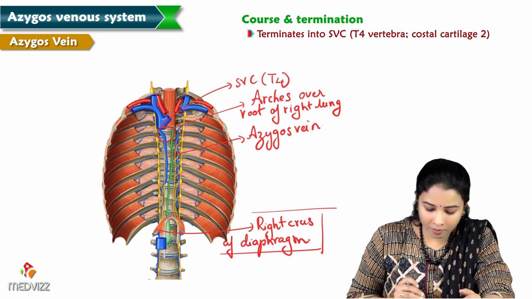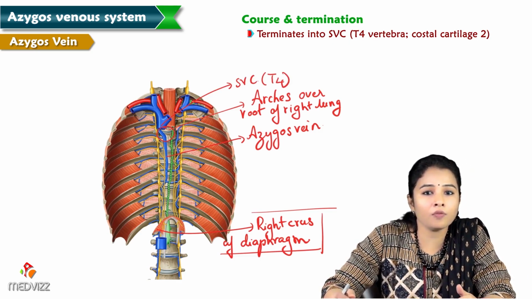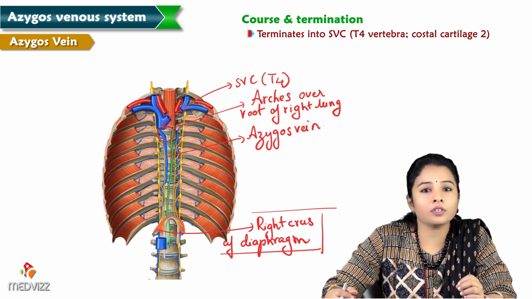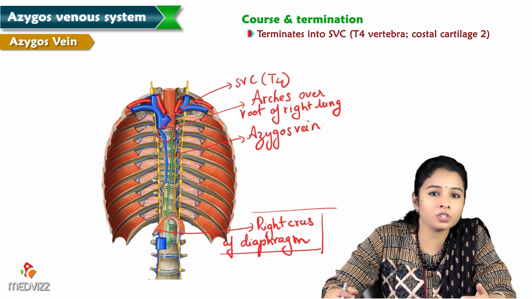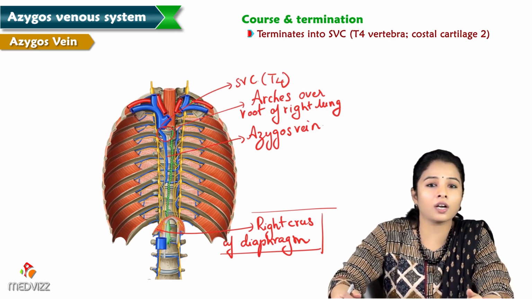So one thing you have to remember, it forms at the level of T12 and terminates at the level of T4. T4, in terms of costal cartilage level, is at the level of the second costal cartilage.